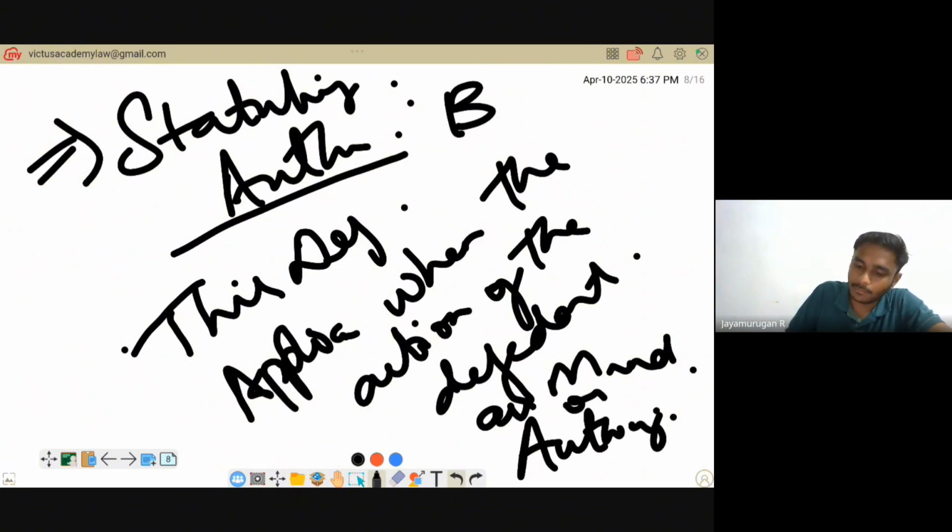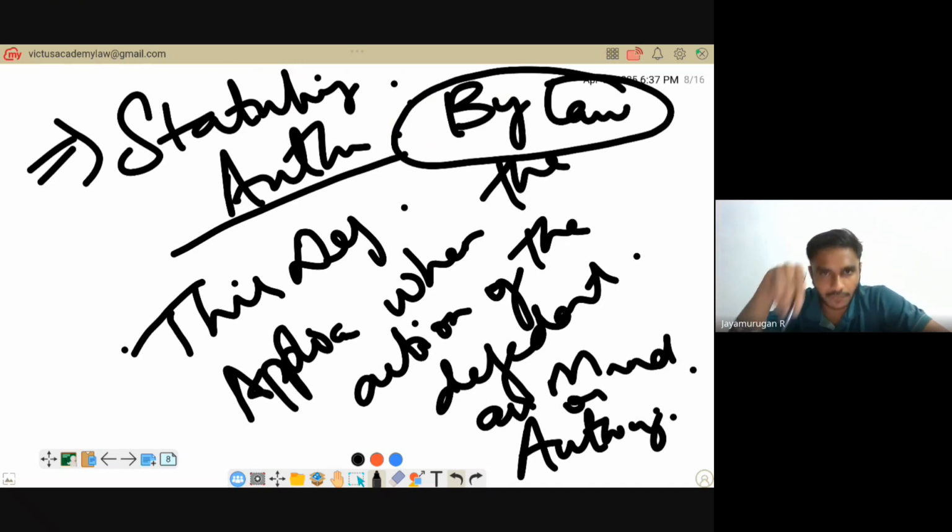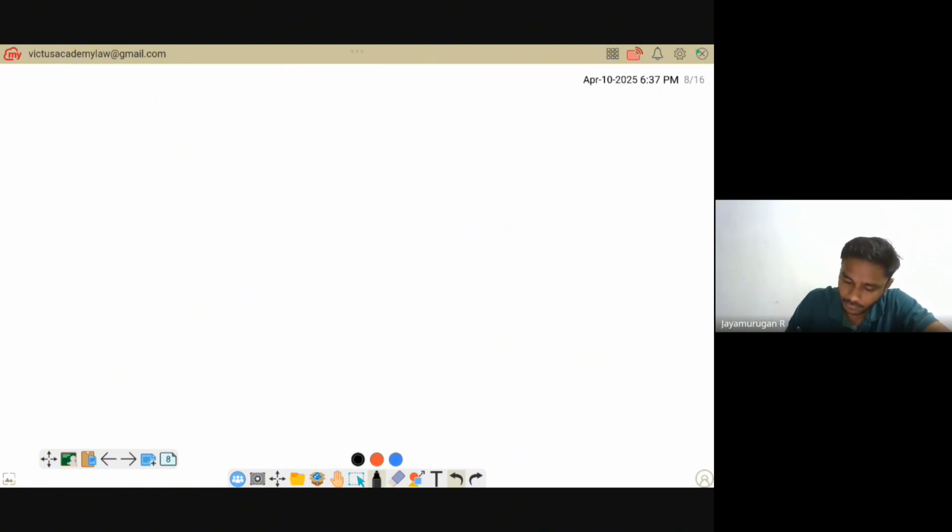Okay, this is the important element here, by law. If the act of the defendant is authorized or mandated by law, then the defendant carrying out that activity cannot be held liable for the damages that he has caused. Okay, let's see an illustration for this.